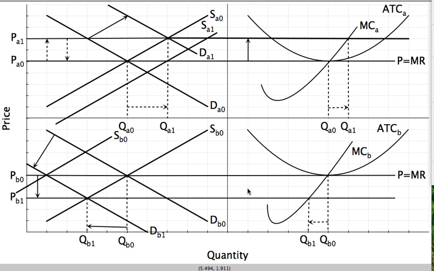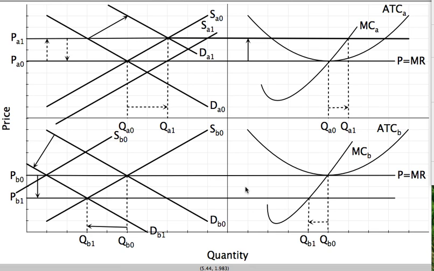So when those profits occur, we end up seeing the supply curve shifting outward because of those profits. And what happens, that decreases price until we get back to that equilibrium position where there's zero economic profits.